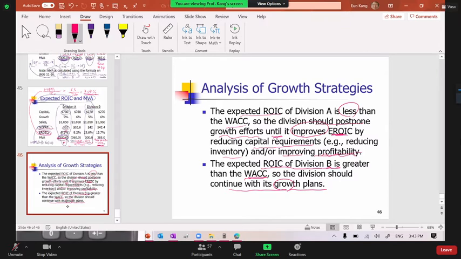So using a valuation model to manage financially, more than just profitability. Yeah. So that's the end of chapter 10. So your homework due, is it chapter 11?